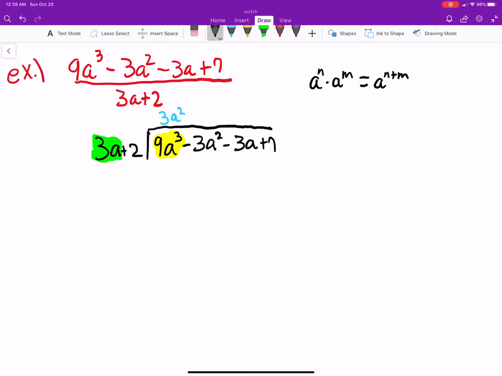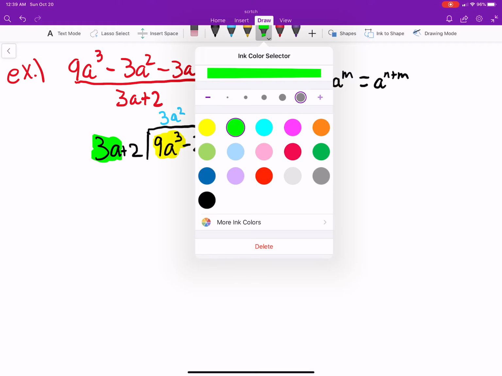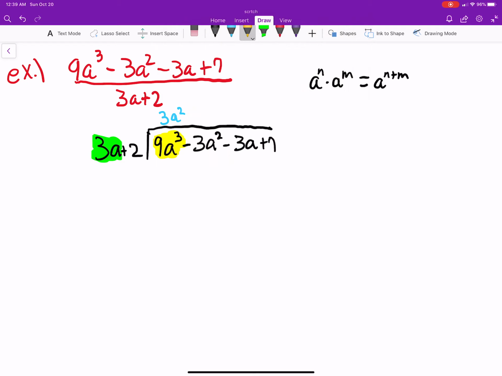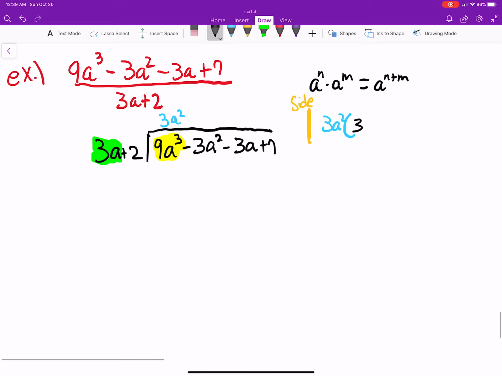Okay, so now what I'm going to do is multiply the 3a squared, I'll do it over here, just a little side note, by 3a plus 2, what I have over here. So what do I get? I get 9a cubed plus 6a squared.